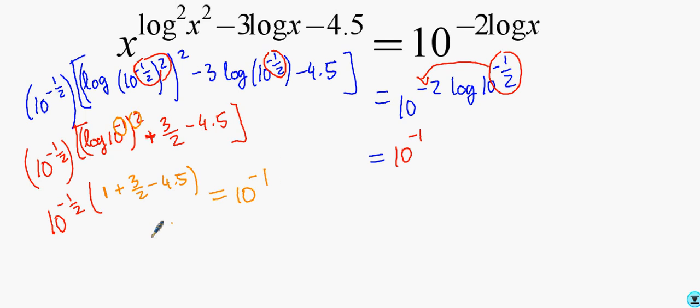That should equal 10 to the negative 1. Now, this is 10 to the negative 1/2 times, common denominator is 2, so that's 2 plus 3 minus 2 times 4.5 is 9. So now this should be equal.